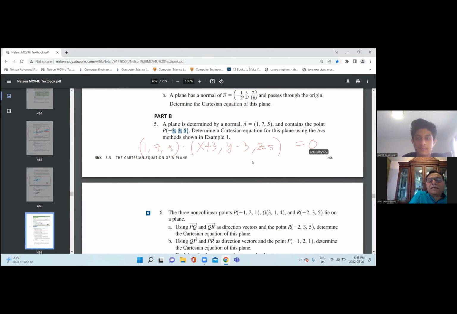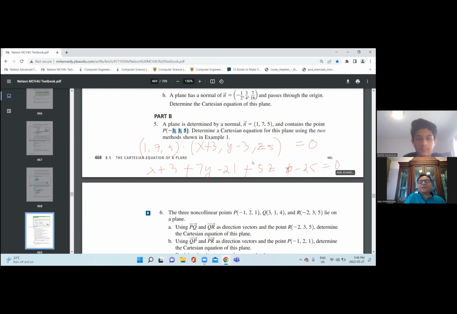When you do that, 1 times this will be x plus 3, plus 7 times y minus 21, plus 5 times z minus 5, so 5z minus 25, equals 0.